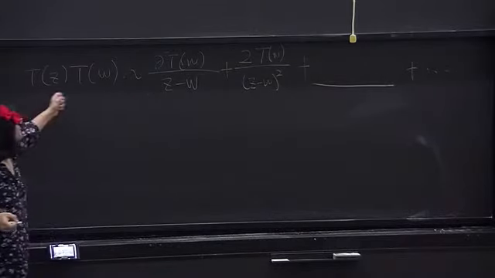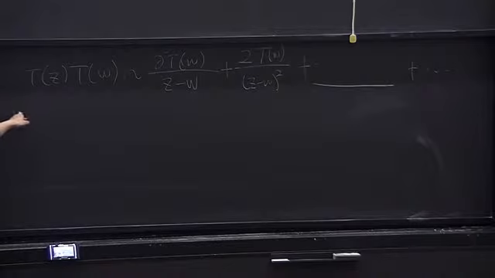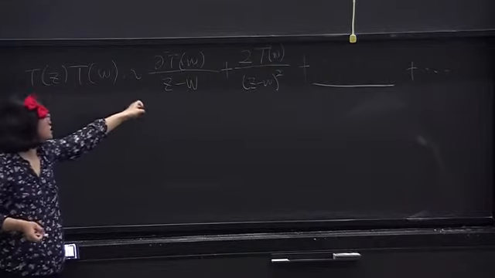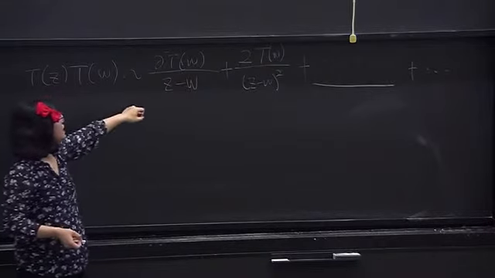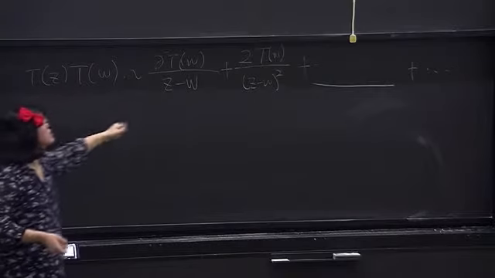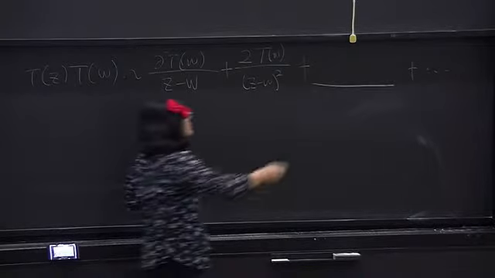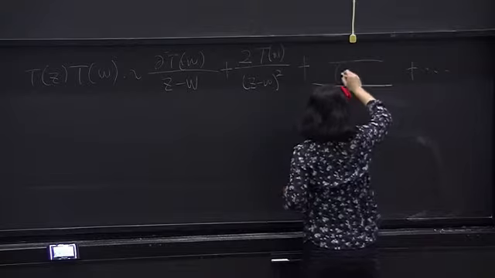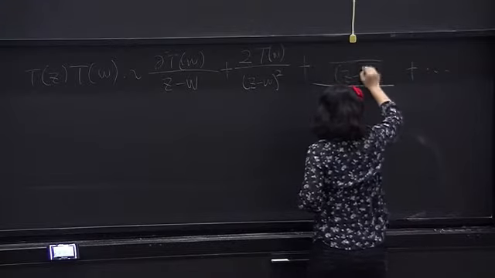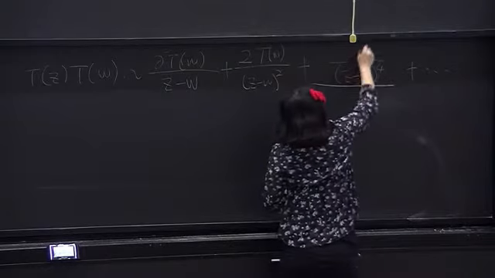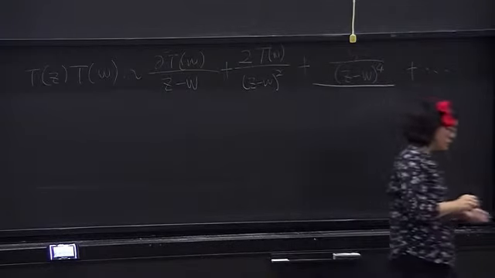If you switch z and w, it shouldn't matter. That will kill you the third pole. It happened to not kill this because you can do some expansion and then realize this term actually does agree with the Bose symmetry. And then the next term will be the quartic pole, the fourth pole. And this pole happens to exist and come with a coefficient of c/2.